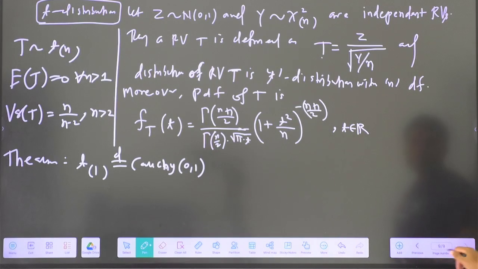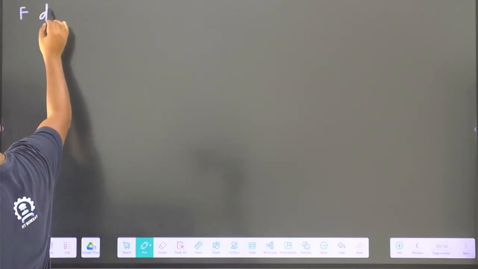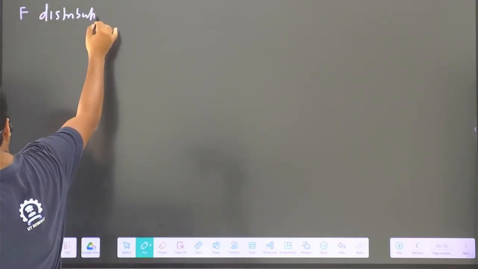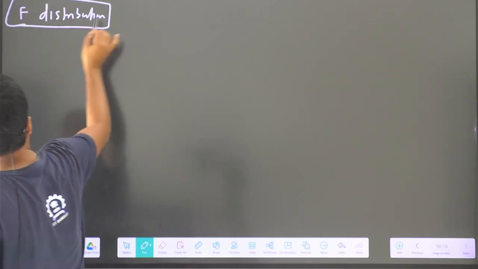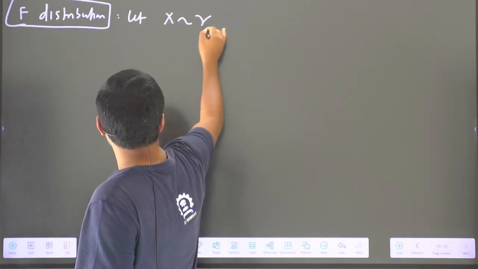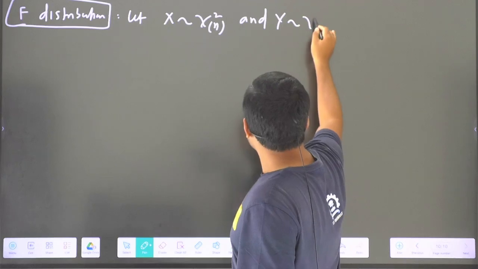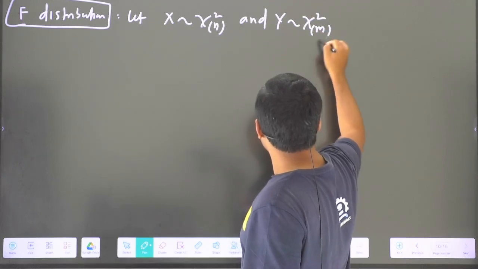How do we obtain the f distribution? There is again an idea. So f distribution is like: let X be a chi-square distribution with n degrees of freedom and Y a chi-square with m degrees of freedom.